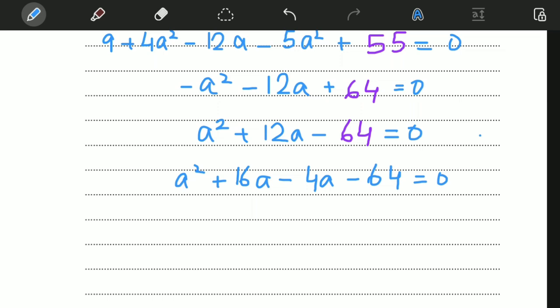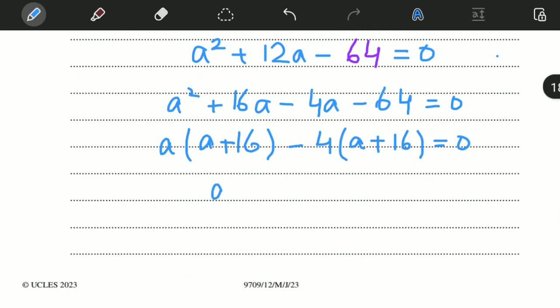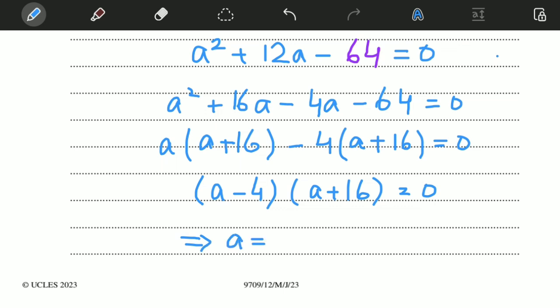So this will give us a into a plus 16 minus 4 times a plus 16 equals to 0, so a minus 4 times a plus 16 equals to 0. So this implies a is equals to 4 or a equals to minus 16.